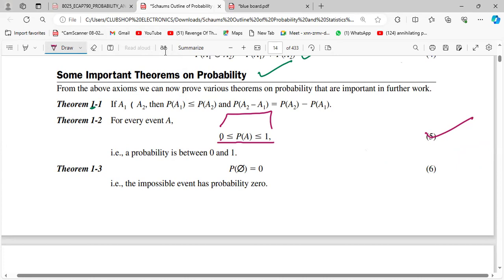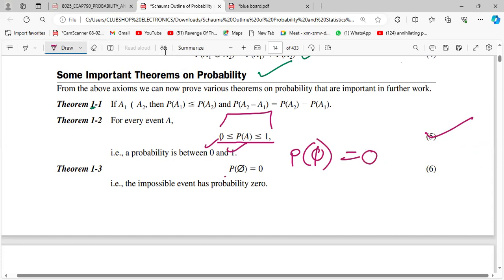That is, probabilities are between 0 and 1. Now, if a set is empty, or if an event is empty, the probability of picking something that is empty is 0.